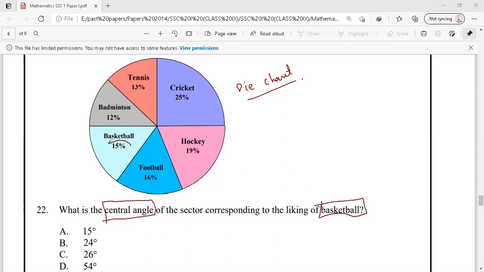We have 15% of this pie chart as the persons that like basketball. The simple formula to find the central angle is that percentage is equal to central angle divided by 360 times 100.